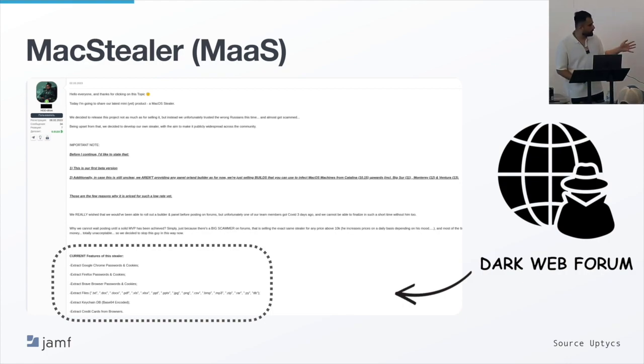One of the earlier iterations of information stealers was the MacStealer. This is actually being hosted on a dark web forum, malware as a service. About $100 a build could get MacStealer, and you could see, it's kind of hard to see, some of the capabilities that they're offering in order to extract files, certain extensions, cookies and passwords.